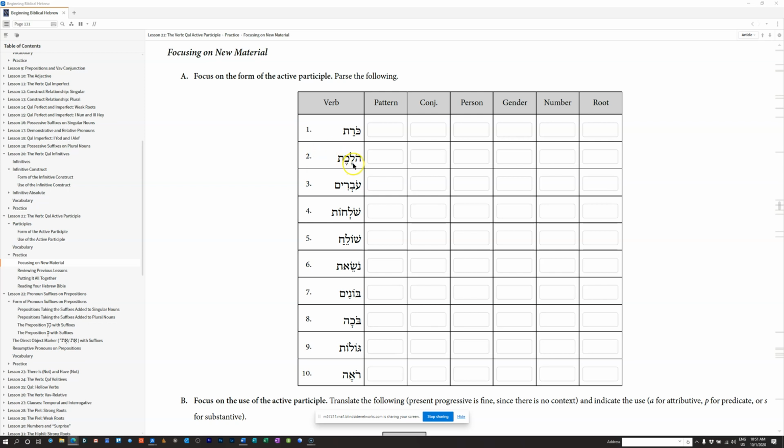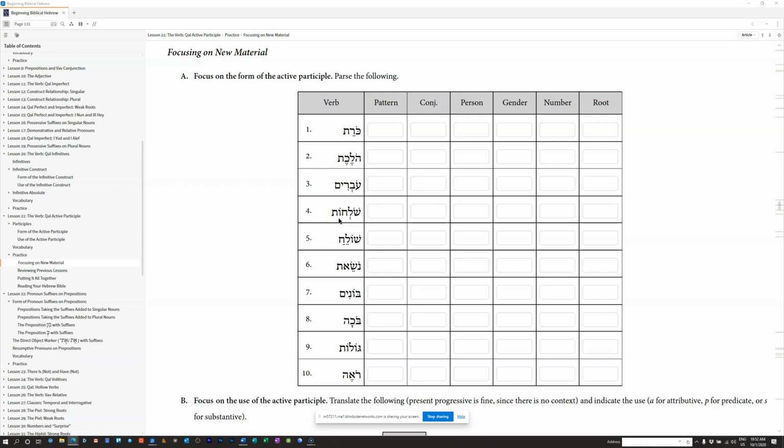In all these other forms, you've got suffixes added that make them look like, well, I guess the feminine singular isn't exactly what a noun or adjective looks like. But between that holem or holem-vav R1 vowel and these endings, it should be pretty clear that you're looking at a participle.